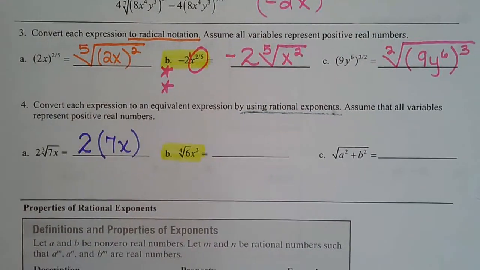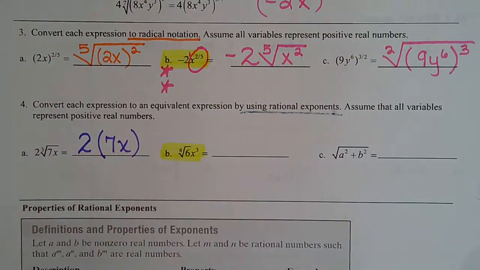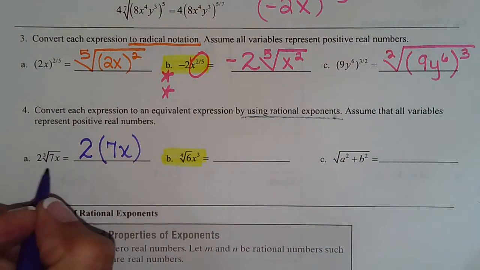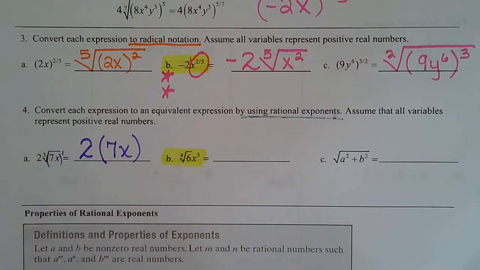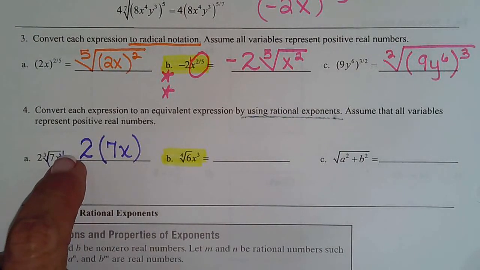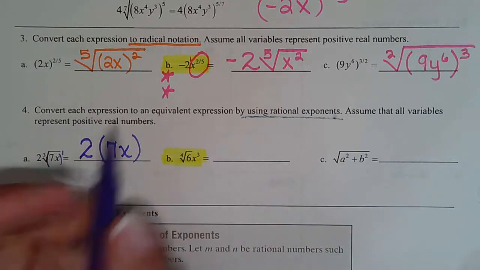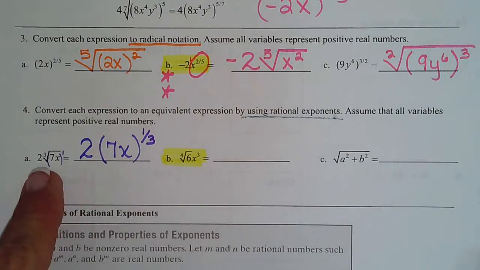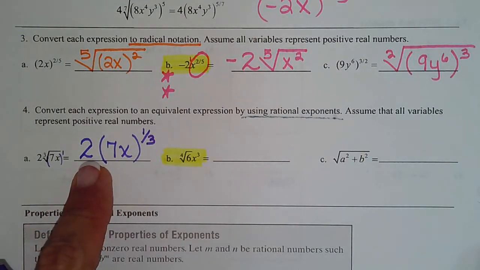Now we have to decide what 7x's power is. So we know it has to be a fraction. That's what makes radicals. And you have to remember that this is really to the first, so it would be 1/3. So 2 stays out in front, has nothing to do with it.